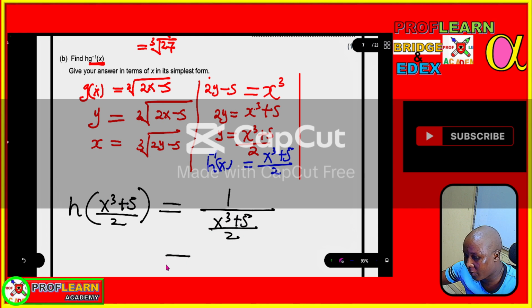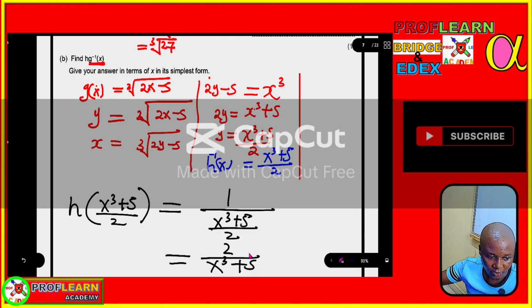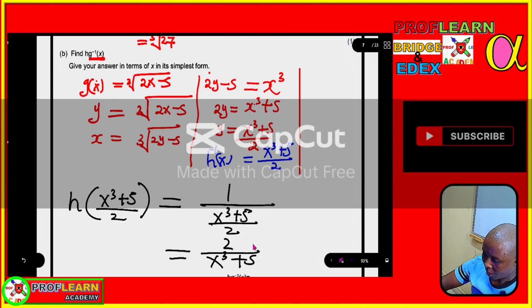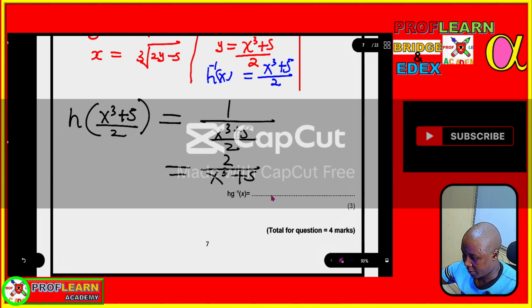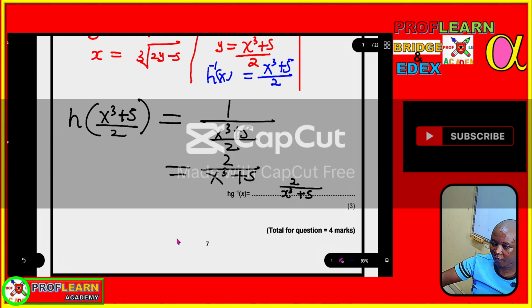Finding the reciprocal of this, our answer becomes 2 over x power 3 plus 5 as our final answer. And that is the final answer that we are going to have here: 2 over x power 3 plus 5, for you to earn 4 marks.